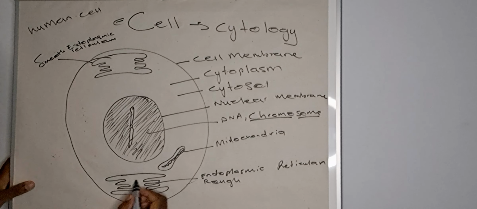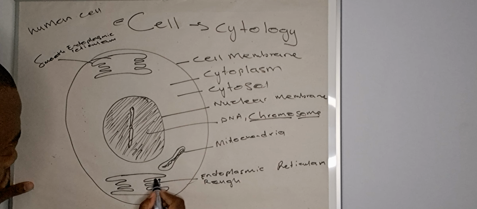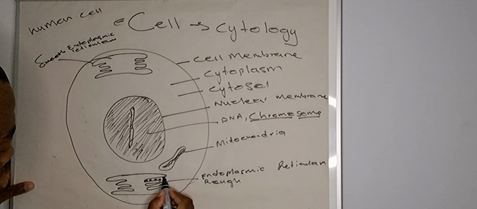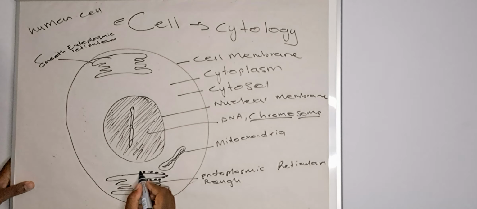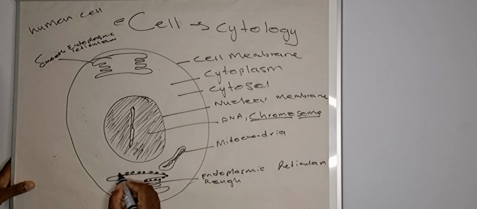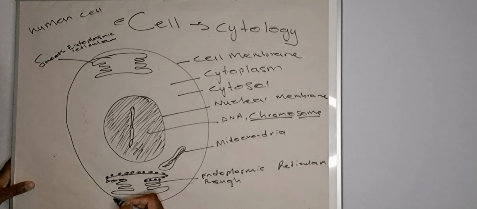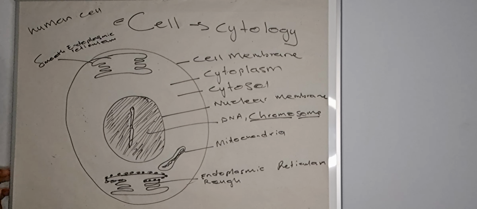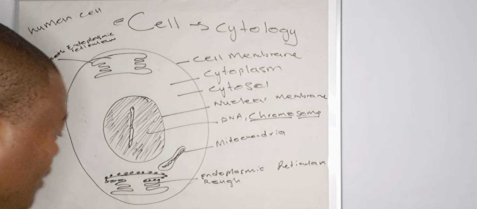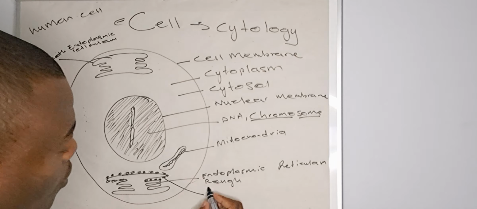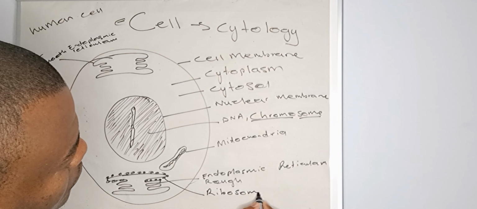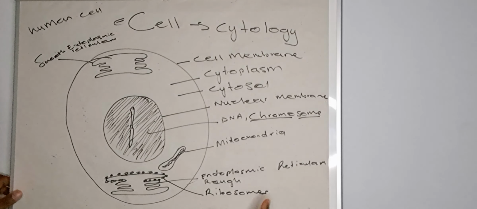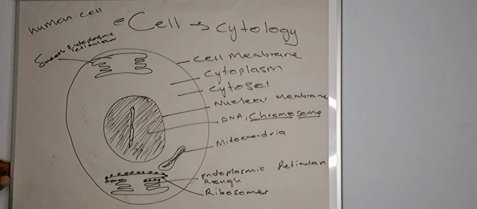The only difference is that this one will have a little bit of proteins within its networking. This is where we find its protein. Now the question is, what are these proteins? These proteins will be what we call your ribosomes. I will explain later what that is in detail.